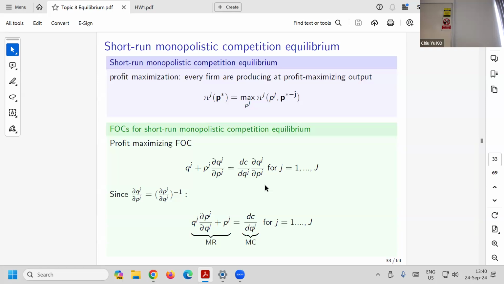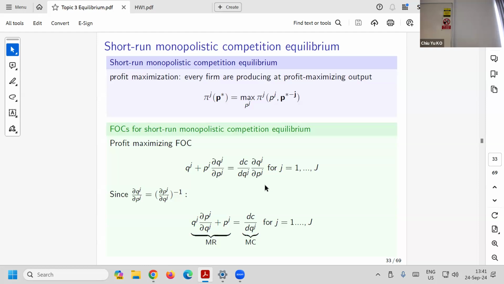The FOC will be the same: marginal revenue equals marginal cost, right? You produce more, then you increase the marginal cost, the right-hand side, right? And for marginal revenue, you produce one more unit, you increase the price, right? So this is the revenue of what you have been selling. If you increase the price by $1, then what you currently sell will bring one more unit of money.